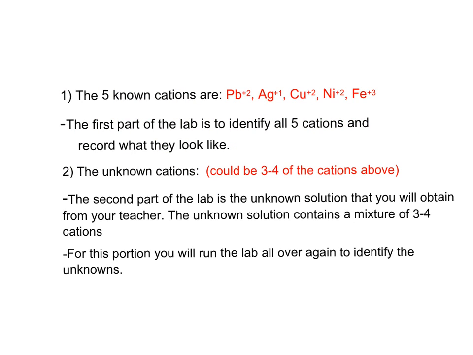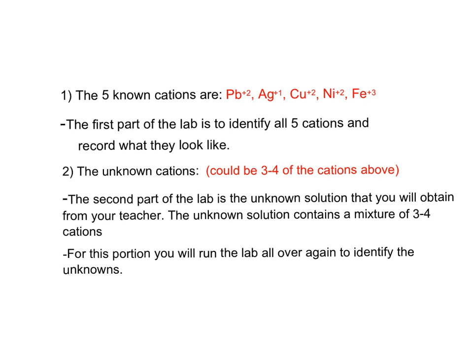So for the first half of the lab, you'll have a known solution. Inside that known solution are 5 different cations: lead +2, silver +1, copper +2, nickel +2, and iron +3. Each one of those 5 cations have dramatically different colors.